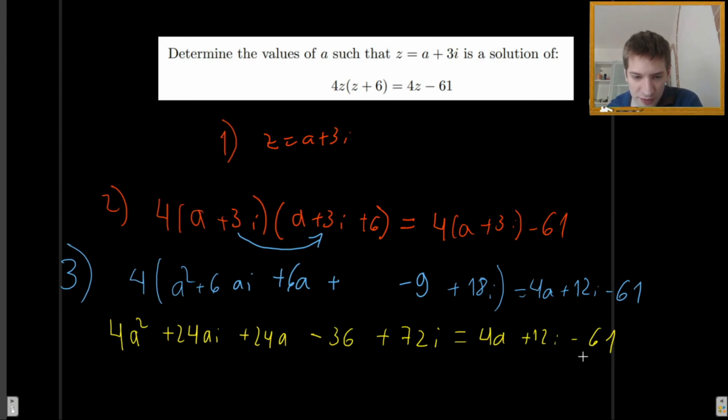Okay, what can we simplify here? Well, we have 12i here and 72i, so that's going to simplify to 60i. Then we have 4a here and 24a here, so that's going to be 20a.